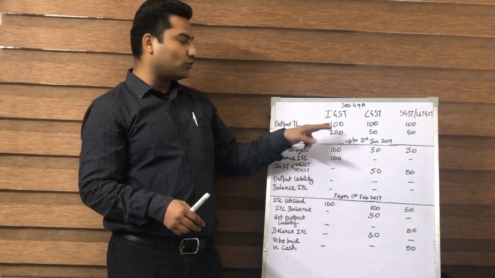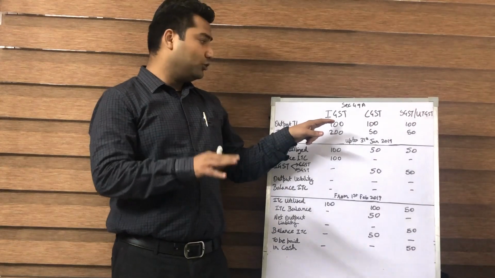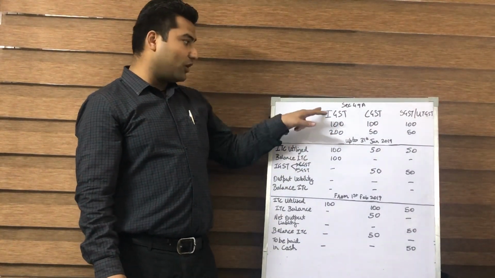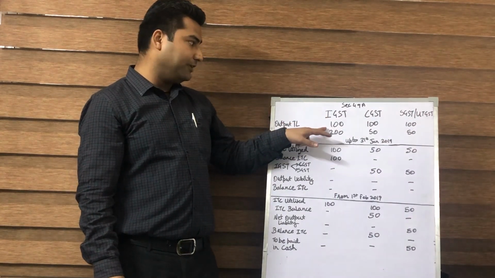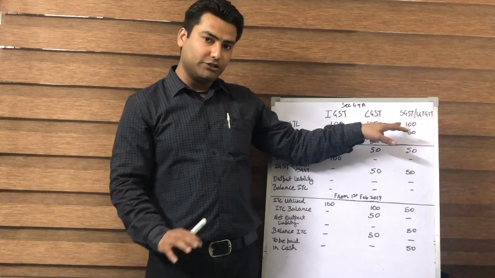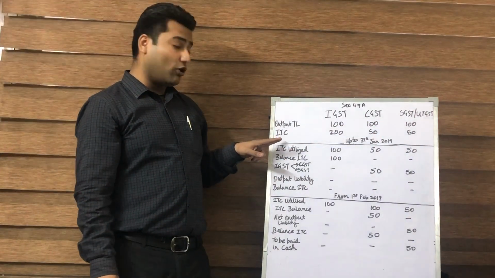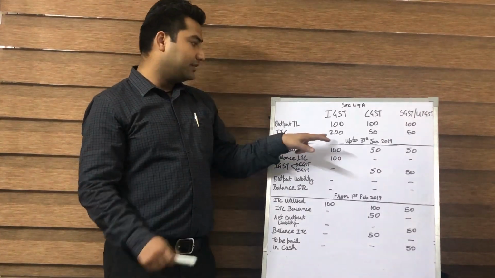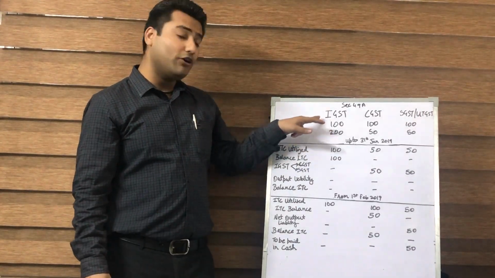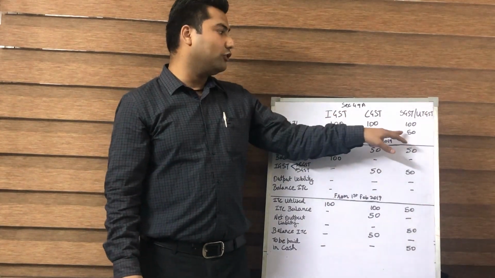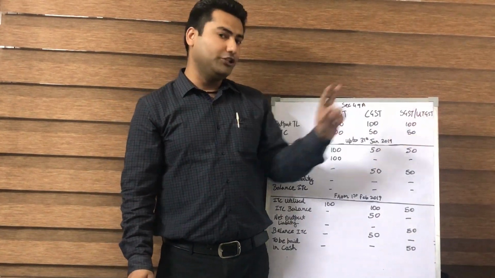It's a very simple example, so I have taken 100 rupees only. So my output tax liability towards IGST is 100, CGST is 100 and SGST or UTGST is 100 rupees. And I have a balance of ITC available in my credit ledger of 200 rupees on account of IGST, 50 rupees on account of CGST and 50 rupees towards SGST or UTGST.